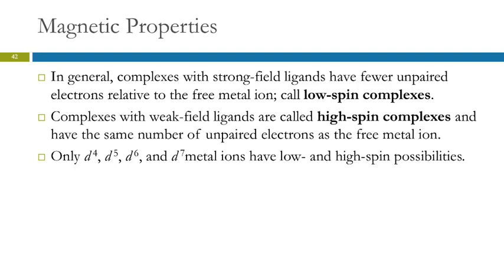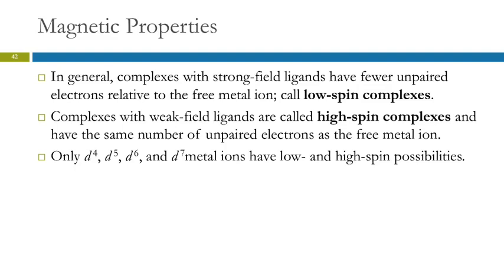So when you have complexes with strong field ligands, that difference in energy, the crystal field splitting energy, is going to be large, and so you're going to have fewer unpaired electrons, and so those are called low spin complexes. And with weak field ligands, where the difference in energy is smaller and the electrons are more willing to go up into the higher energy orbitals, we're going to have the same number of unpaired electrons as in a free metal ion. Those are called high spin complexes.